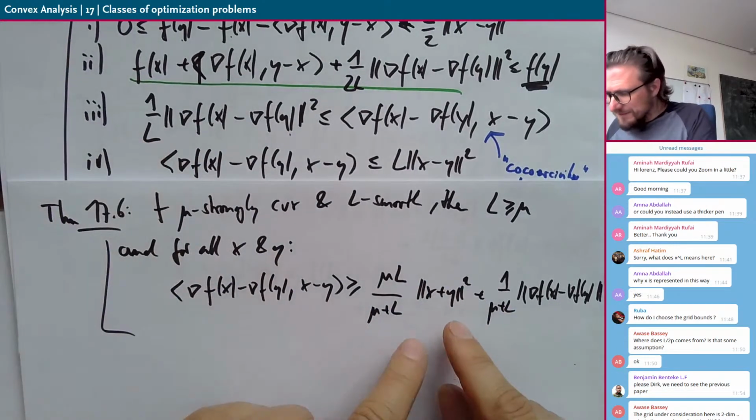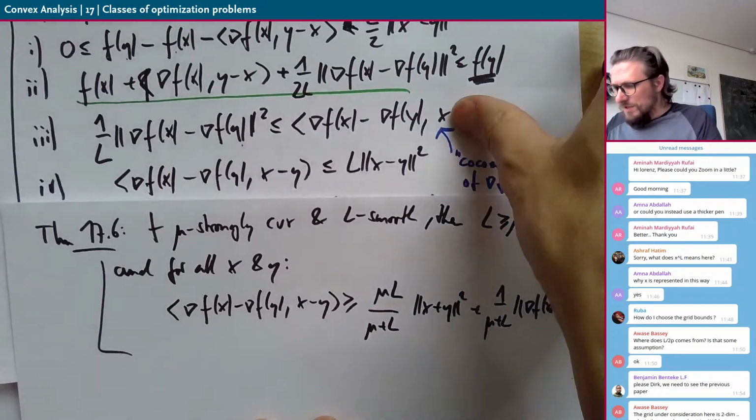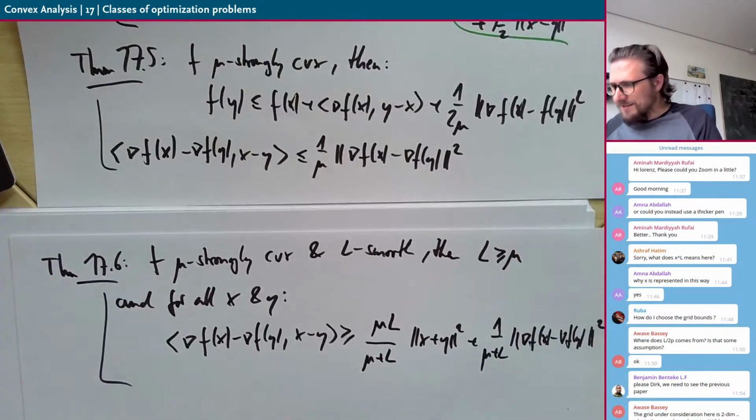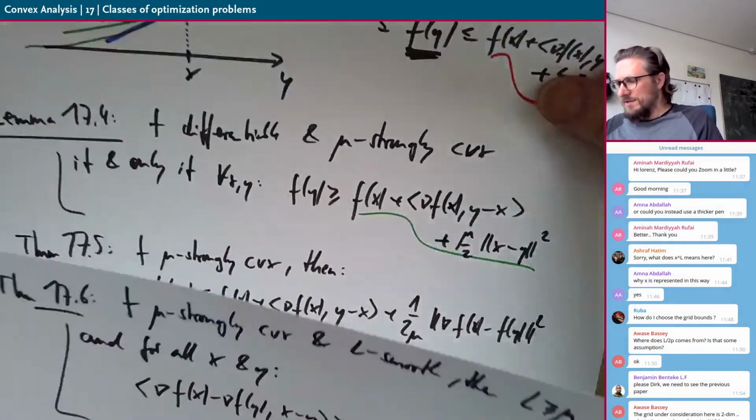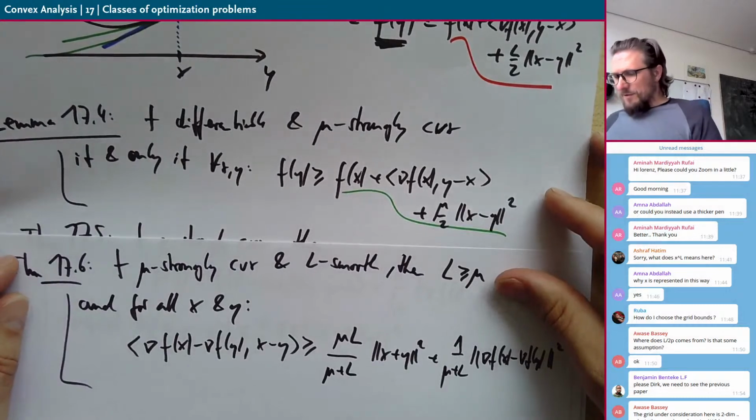Also, you can squeeze in a little bit of x minus y squared, which is kind of related to what is here.